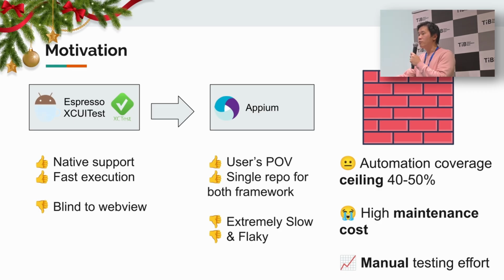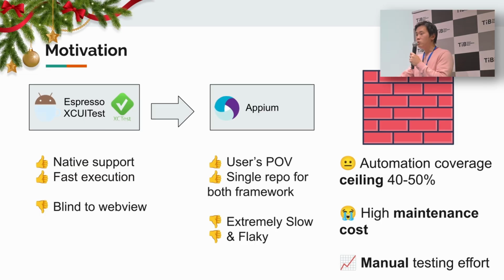It was running fast, and it was pretty stable. But the problem there is that, as mentioned earlier, we didn't have a very good execution of WebView because the elements there are not visible. Especially for XCUITest, when we try to execute some tests that are WebView related, it was difficult for us to execute these tests.